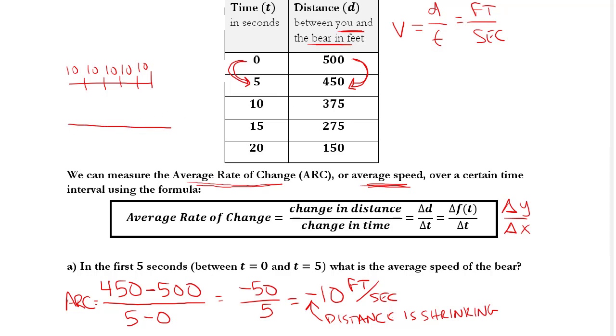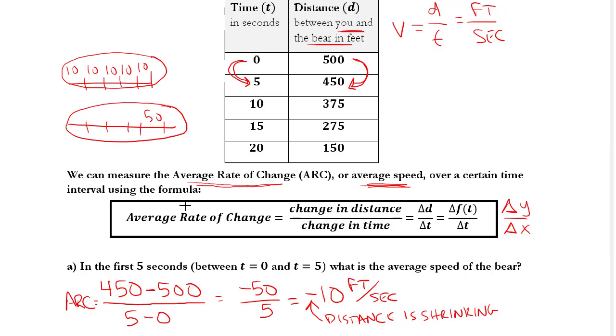It could have been that the bear for the first 4 seconds didn't move at all, and then the 5th second he sprinted. You don't know. That's why we're talking about average. We're saying over this entire interval, we know that the average rate of change, the average speed, was 10 feet per second.